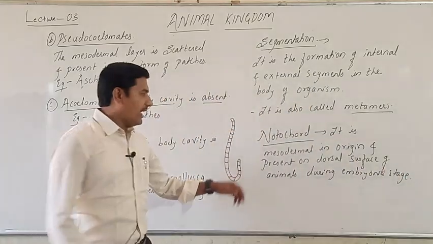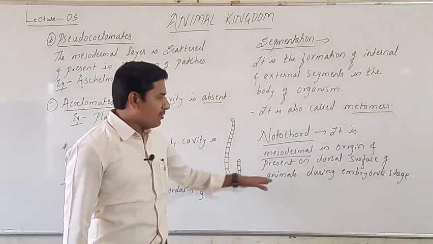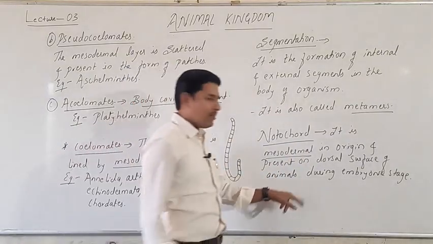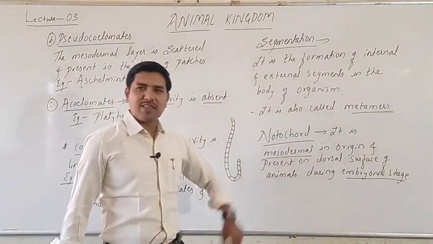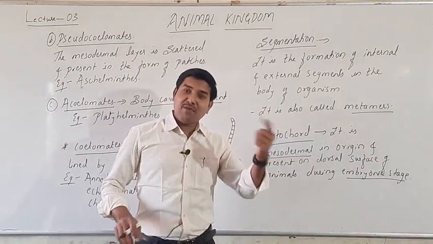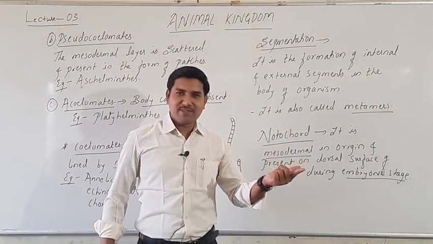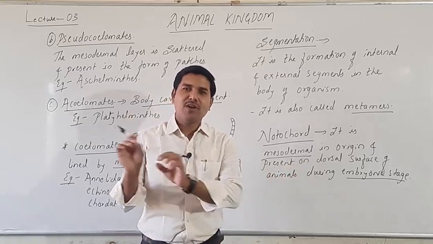So this is an organ of mesodermal origin present on the dorsal surface of animals during which stage? Embryonic stage. Only in the embryonic stage do we call it a notochord. If the notochord is present, such animals are called chordates. If the notochord is absent, such organisms are called non-chordates.